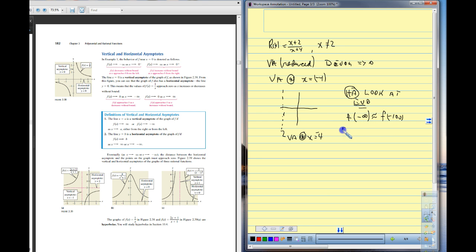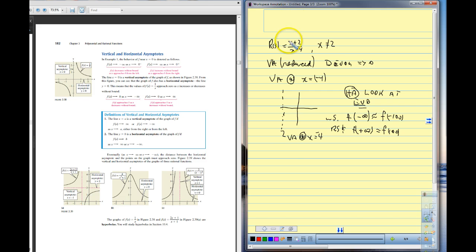That's the left side. And the right side, when x is big positive, we look at f of positive infinity, which is approximated by f of 100. And that's how we find our HAs. We just look at what we think it would be out here and what it would be out here.